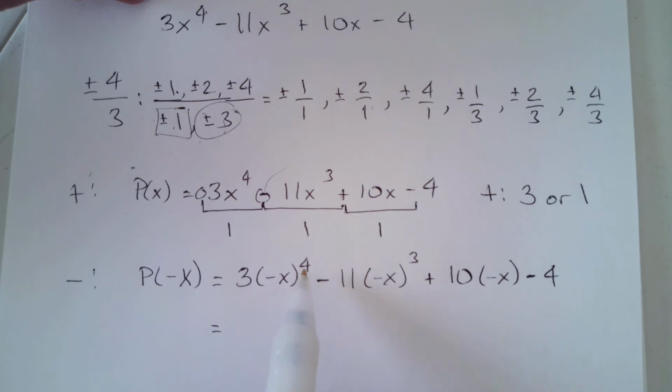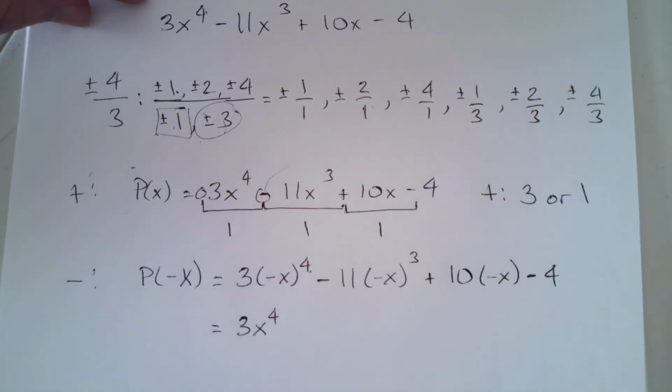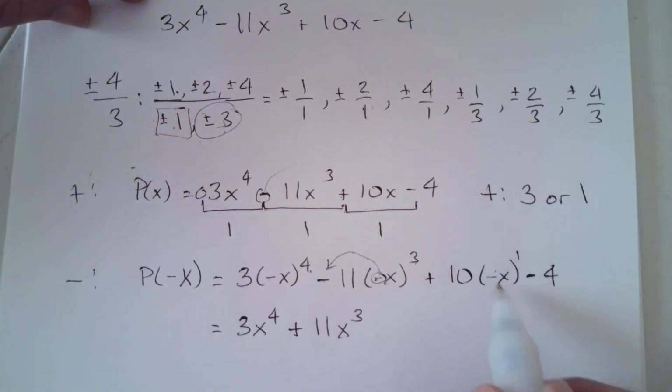If it's an even exponent, that negative disappears, so it just becomes 3x to the 4th. If it's an odd exponent, that negative goes in front. So a negative times negative is a positive. This is power 1, so this negative times positive is negative. And minus 4.